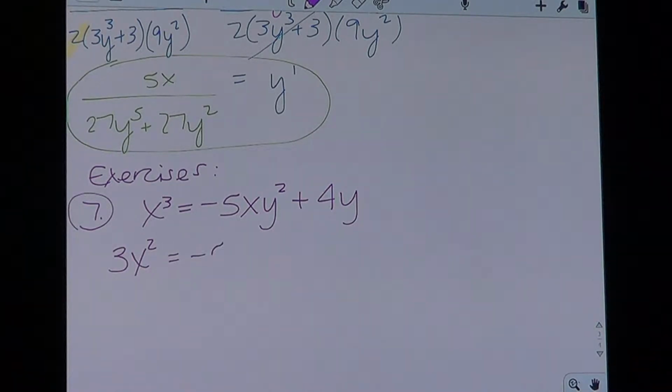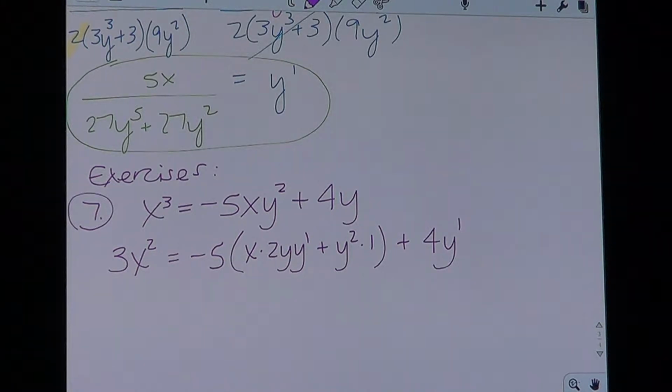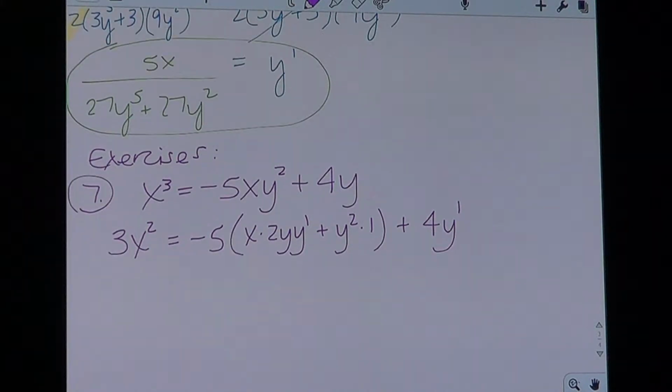Then I did parentheses, and x times 2y, y prime plus y squared times 1, and then plus 4y prime. Good? Yes? Okay, so minus 10xy y prime, minus 5y squared plus 4y prime.